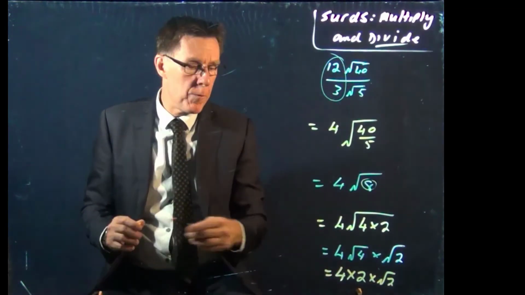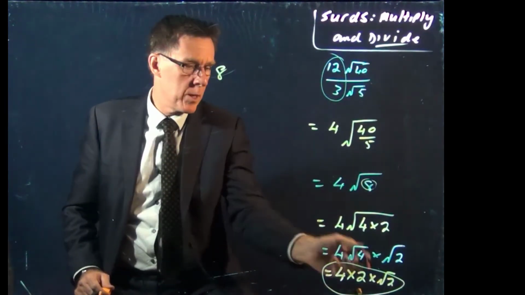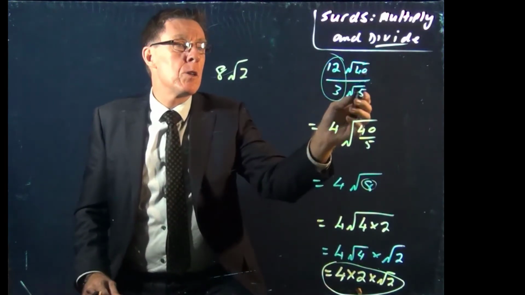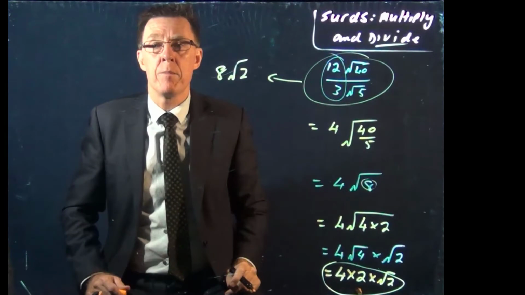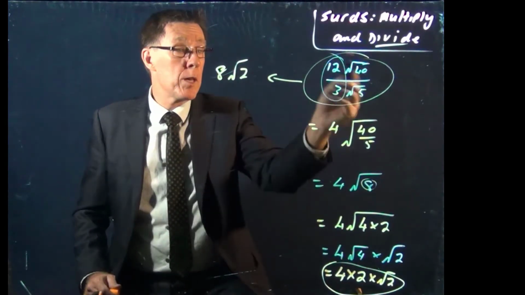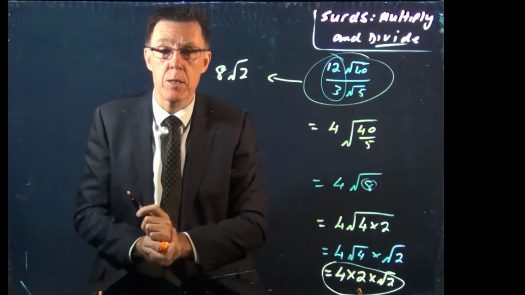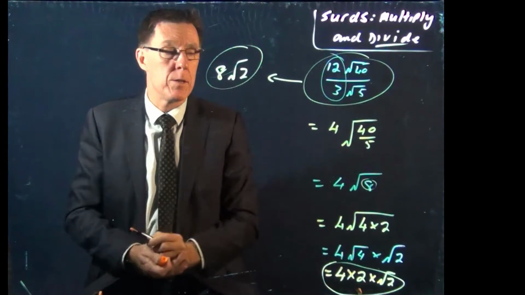I can now write down my final answer, which is going to be 4 times 2 is 8 times square root of 2. So the question says simplify this, that simplifies down to that. If you want to do that on your calculator and get an answer, do that on your calculator and get an answer, you'll see they are exactly the same value. And this is clearly much more simple than that is.